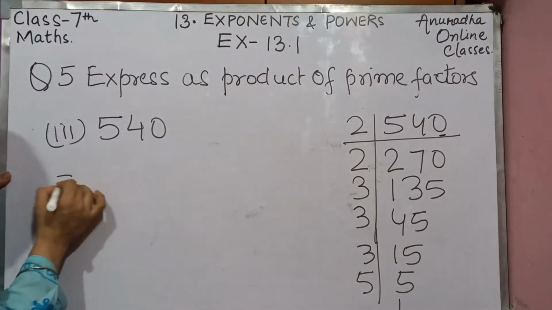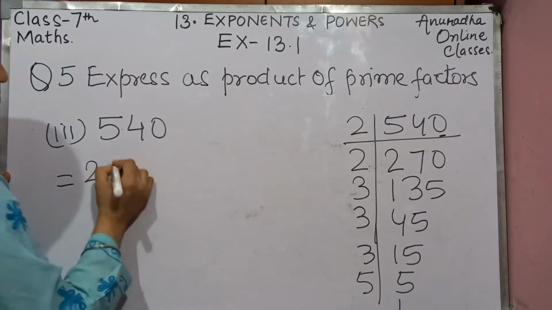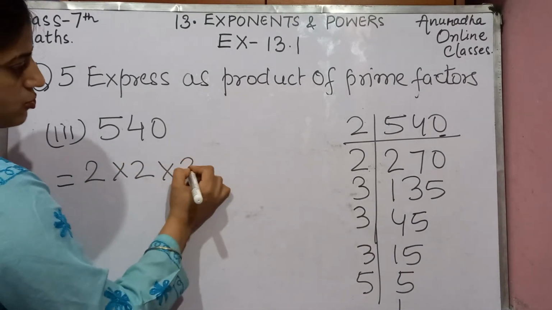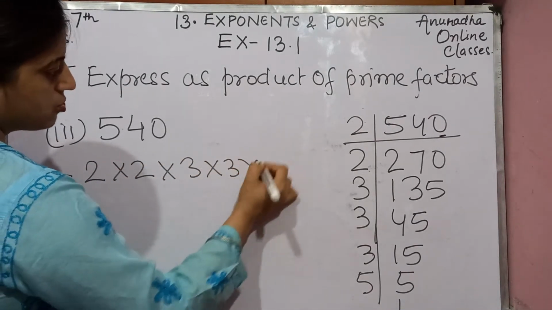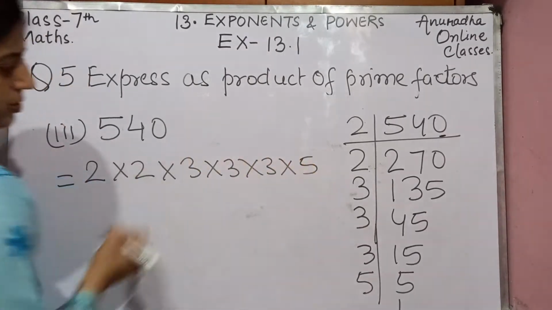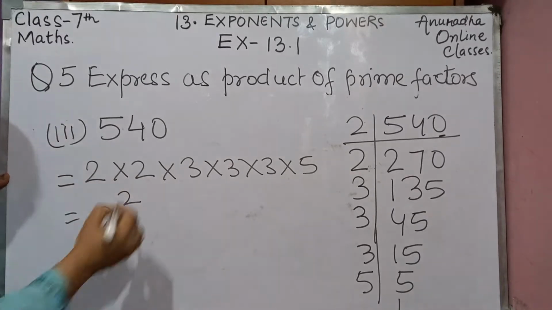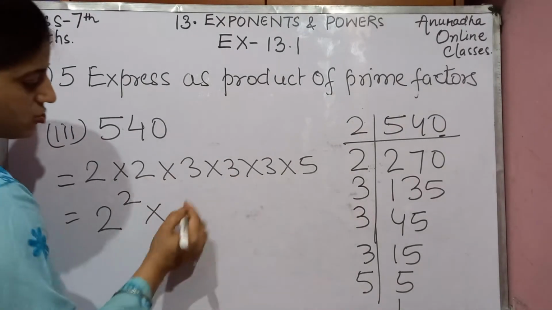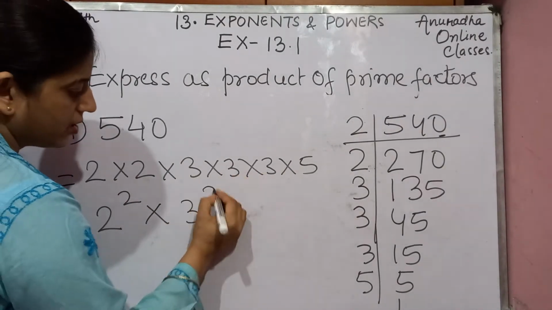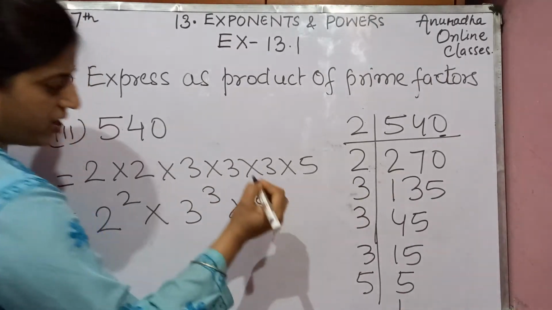So what are the prime factors of this? See, 2 into 2 into 3 into 3 into 3 into 5. So it will be 2 raised to the power 2 into 3 raised to the power 3 into 5.